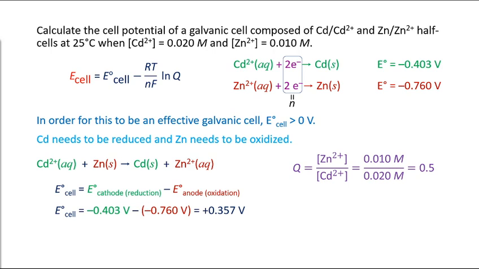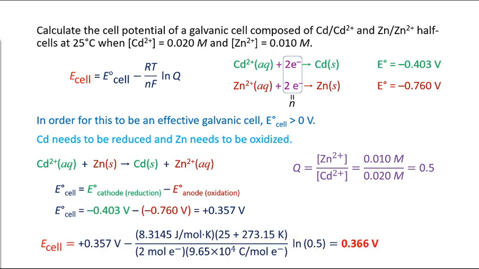And so for this, you just need to plug all of this fun information into our long equation. Your E cell is positive 0.357 volts. R is your gas law constant, or 8.3145 joules per mole Kelvin. Our temperature is going to be 25 degrees Celsius plus 273.15 in order to convert it into Kelvin.